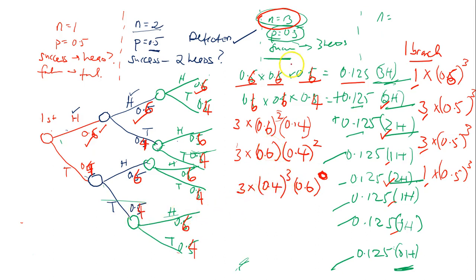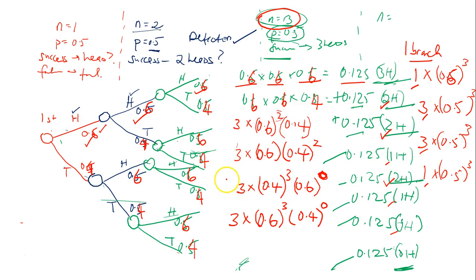And up here, the very first one, where I have 3 heads, I would have 3 times 0.6 cubed, and, well, I don't have any tails, so I could do that. I mean, you don't have to, but if you wanted to make everything look the same. So this, if you like, is the origin of any formulas we're going to look at in the next video.